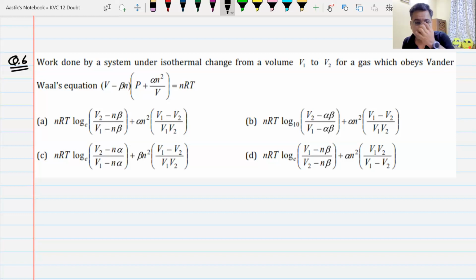Work done by a real gas in isothermal expansion. And the answer is, my dear friends, okay, let's not waste any time on this.